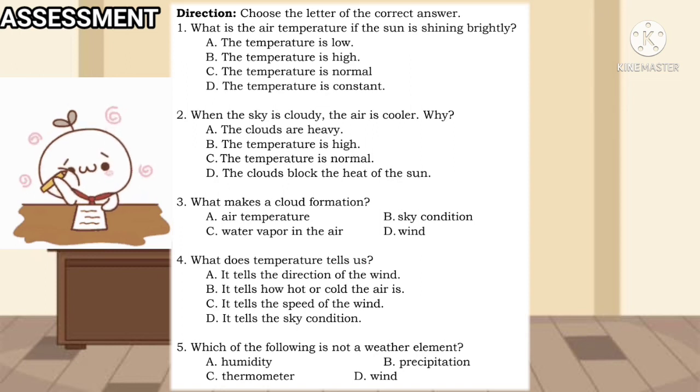C. It tells the speed of the wind. D. It tells the sky condition. And for number 5, last number, which of the following is not a weather element? A. Humidity. B. Precipitation. C. Thermometer. D. Wind. Your timer starts now.